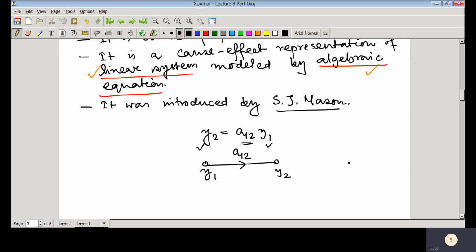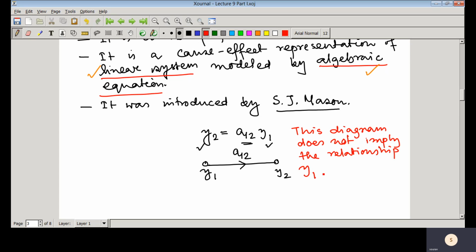And interestingly, this is very important in a signal flow graph: this diagram does not imply the relationship y1 equal to 1 by a12 into y2.